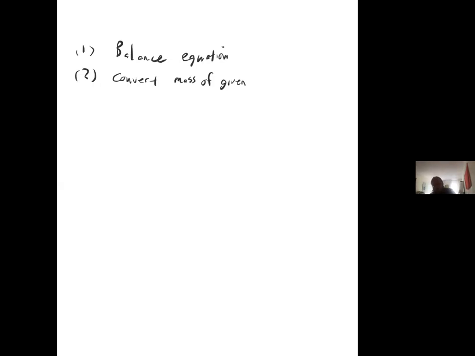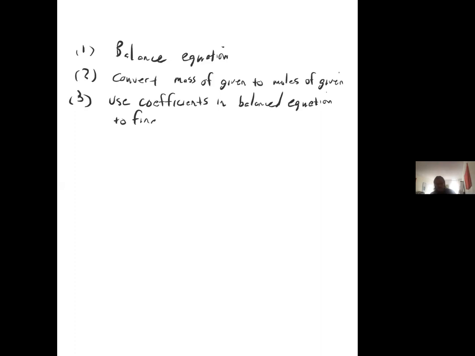So mass of the given to moles of the given. Okay. Step 3, use the balanced equation. Use the coefficients in the balanced equation to find the moles of the desired material.